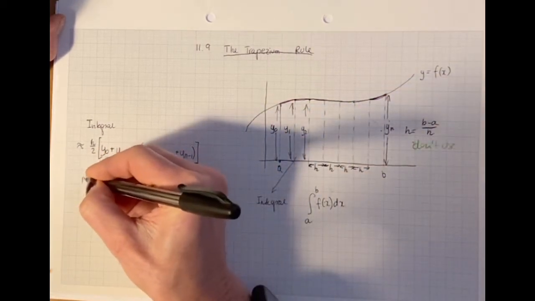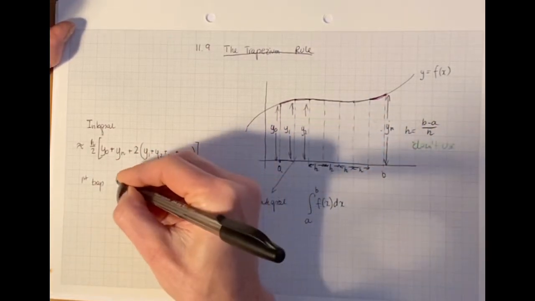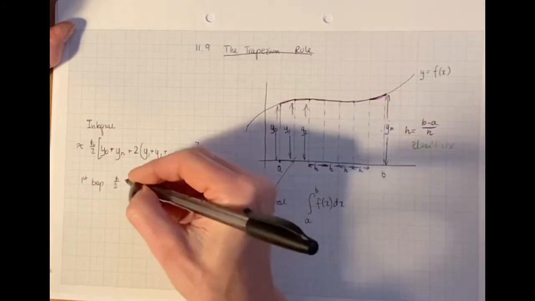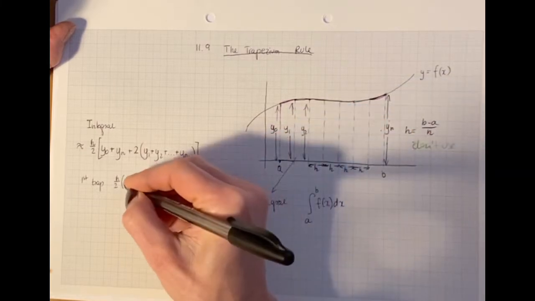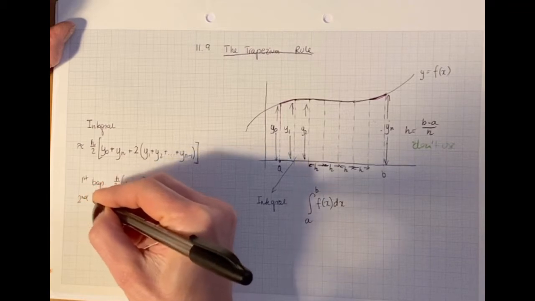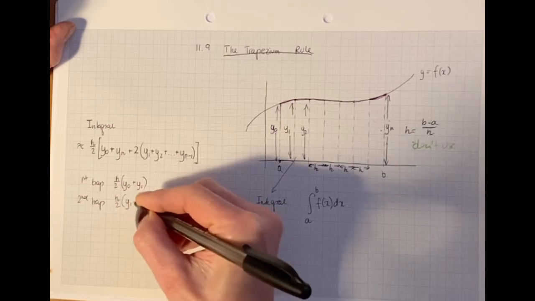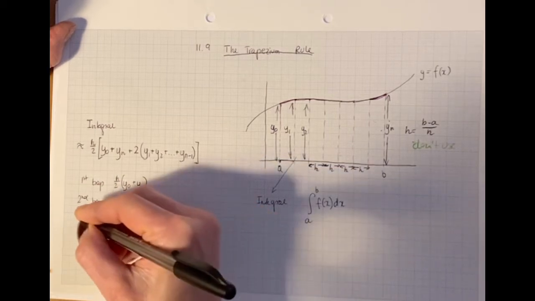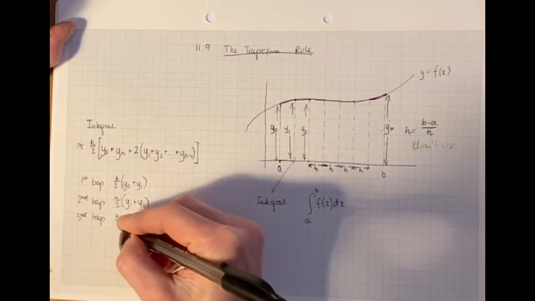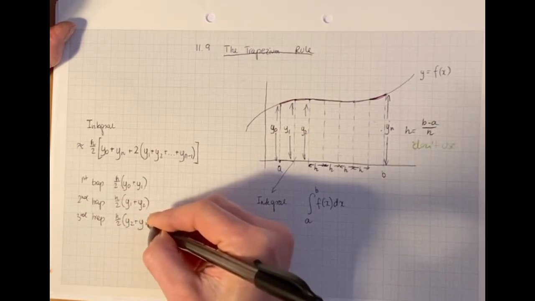So the first trapezium is going to be a half of h times the first y value plus the second y value. The second trapezium is the same, so that's y1 plus y2, and then the third trapezium is h over 2 times y2 plus y3, and all the way up.